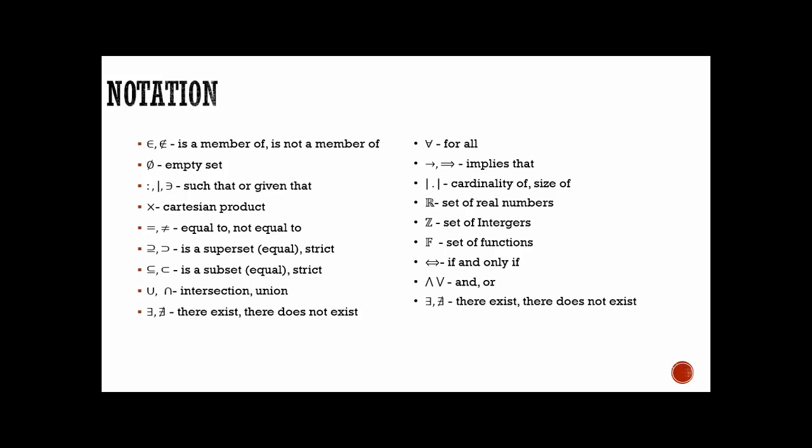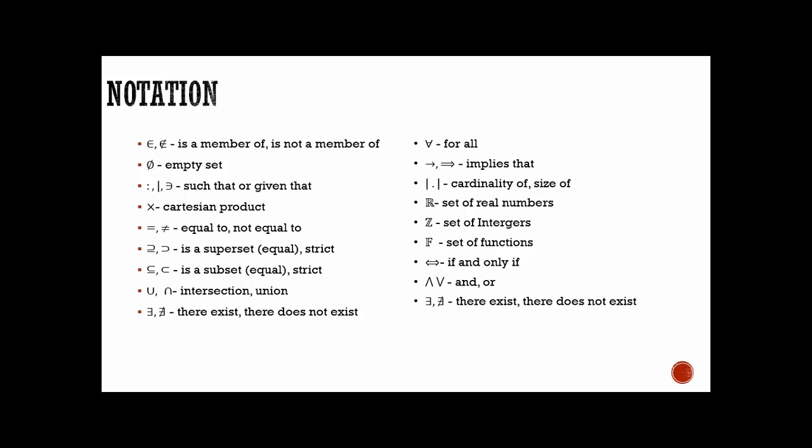So we can start from the top on that left side. We have the symbol representing a member or not a member of a set. We also have the empty set symbol. We have the symbols that represent such that or given that. So that's when you have a condition that is present when you're going to elaborate on a function.